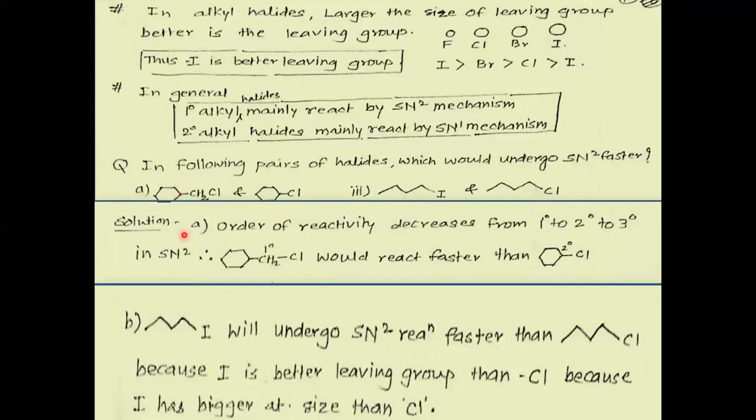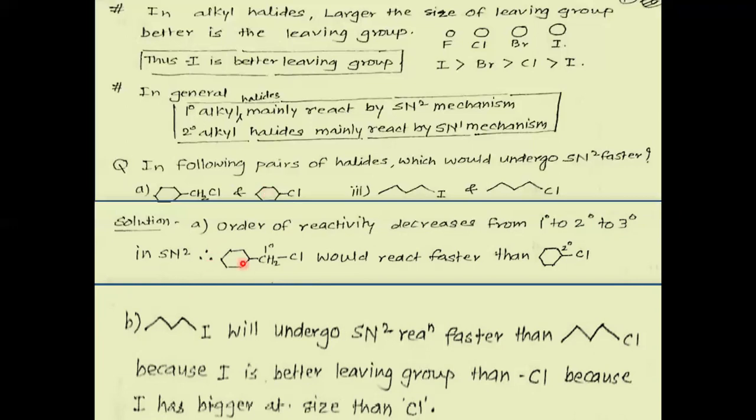Now look here, answer. The order of reactivity decreases from primary to secondary to tertiary in the SN2 reaction mechanism. If we check it, this is the primary carbon to which the halogen is attached, and here chloride is attached to this carbon which is secondary. So this is a primary alkyl halide and this is a secondary alkyl halide.